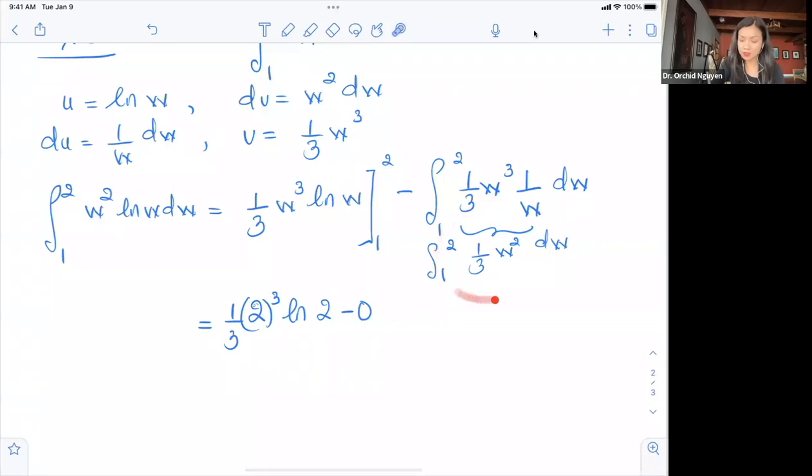For this part, we're going to integrate. We get 2 plus 1 is 3, divided by 3, so this one turns into a 1/9, and then I have w cubed, and I want to evaluate from 1 to 2.